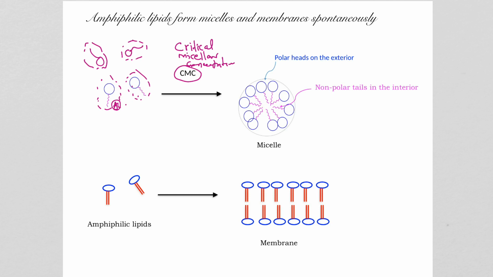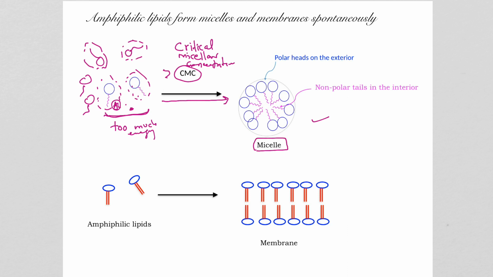However, once the concentration of these amphiphilic molecules increases, gets greater than CMC, then this is a very unstable system. Unstable means too much energy. If there are too many of these amphiphilic lipids in the water, then it spontaneously starts forming these structures, what we call micelles, for example.